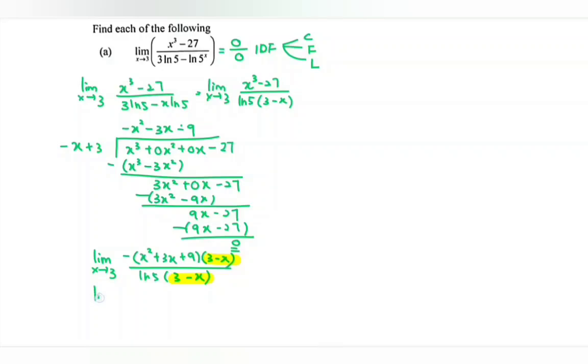The limit as x approaches 3 of negative (x squared plus 3x plus 9) over ln 5. So the answer would be 3 squared, we have 9 plus 9 plus 9, negative 27 over ln 5. So that is the value of the limit as x approaches 3 for the function f(x), negative 27 over ln 5.